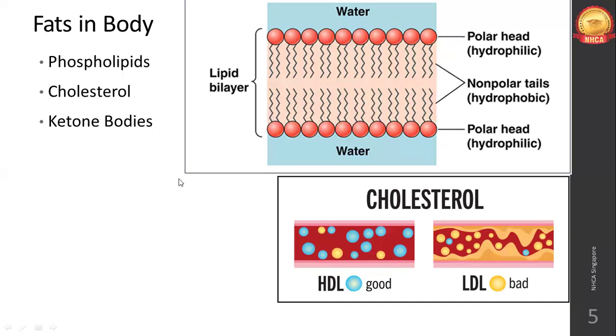That's when ketone bodies are formed. This condition is called ketosis, because your blood has a lot of ketone bodies in it. Your blood is traveling with a lot of ketone bodies as a result of your starvation.